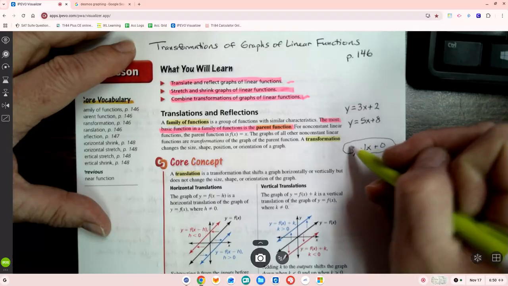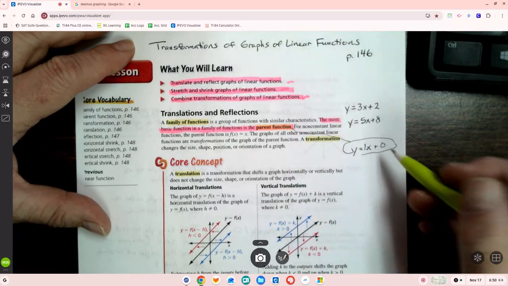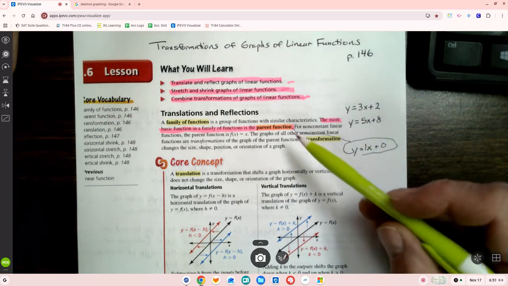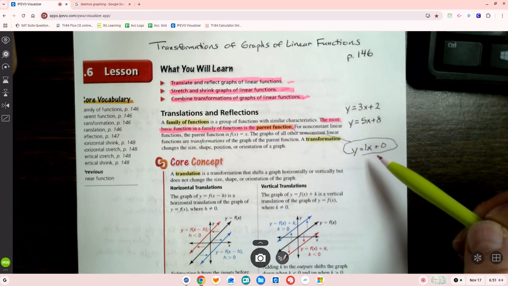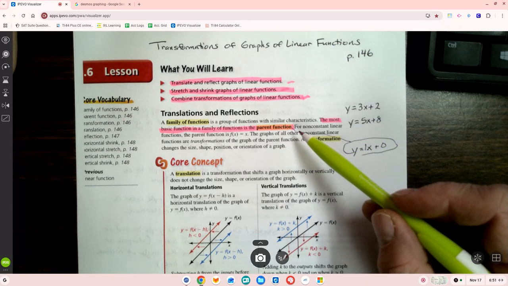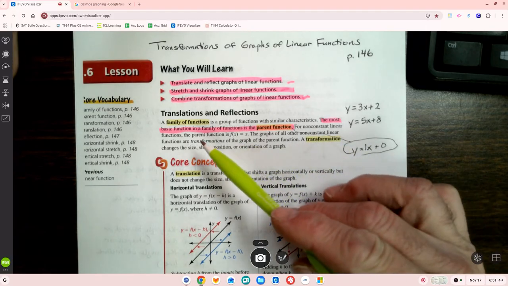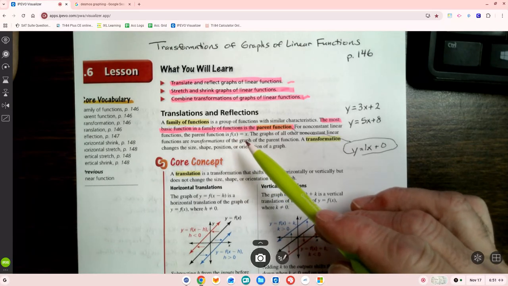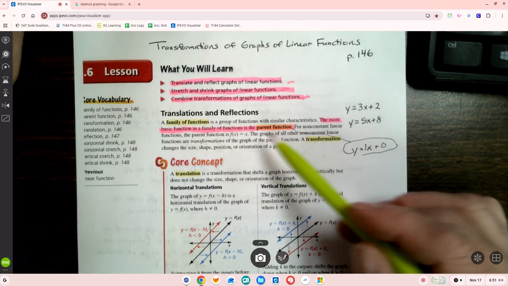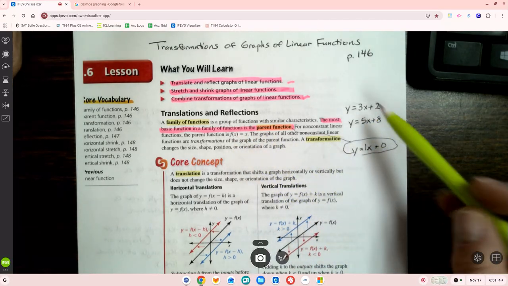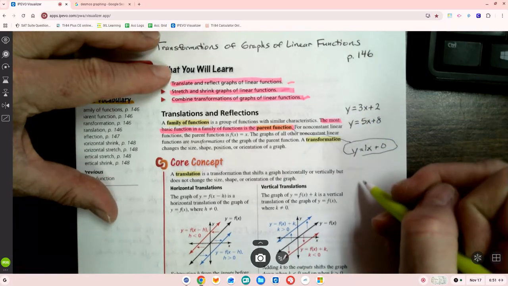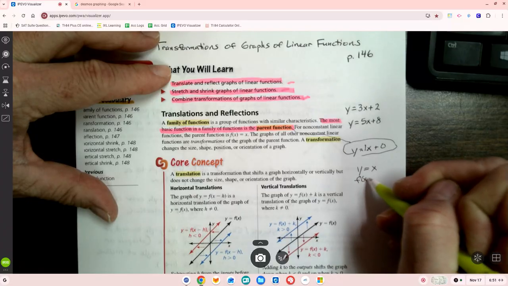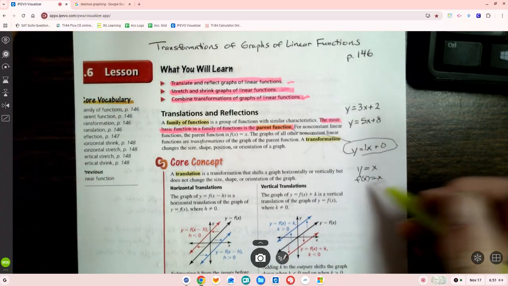This would be the parent function of the family of equations in slope-intercept form. Okay, so that's what a parent function is, the most basic. And that's what they say here. For non-constant linear functions, the parent function is f of x equals x. In other words, the most basic function in the family of slope-intercept form equations would be y equals x, which I could also write as f of x equals x in function notation.